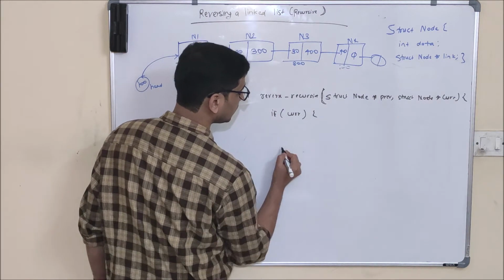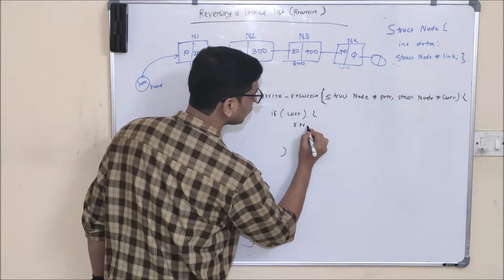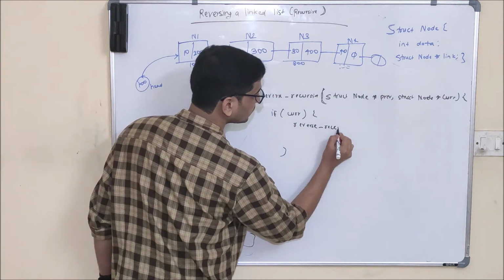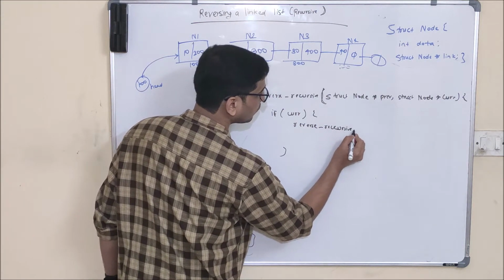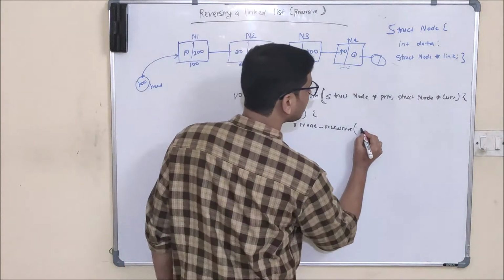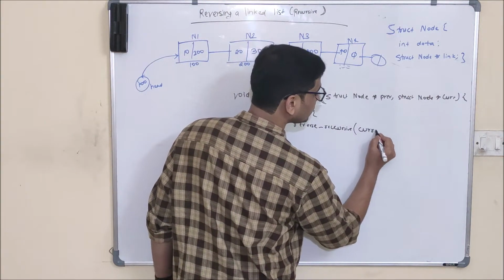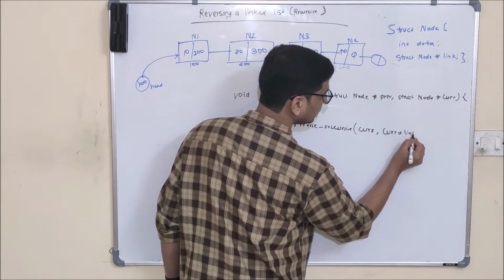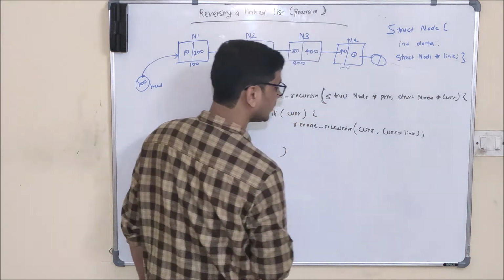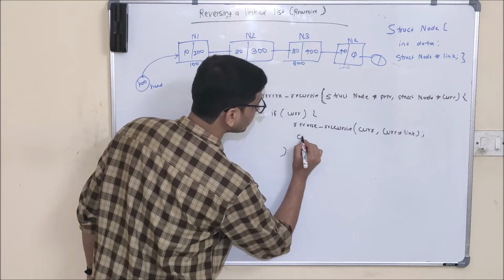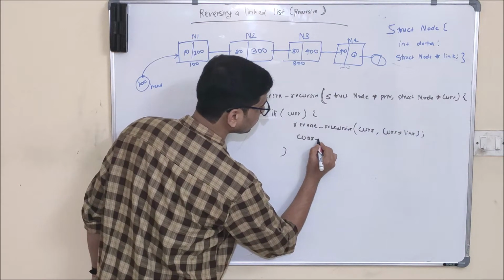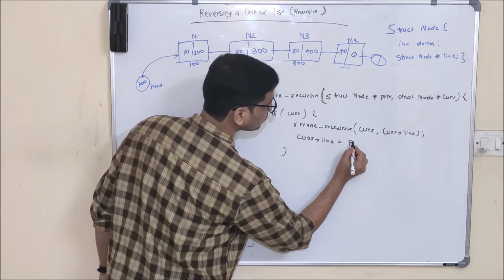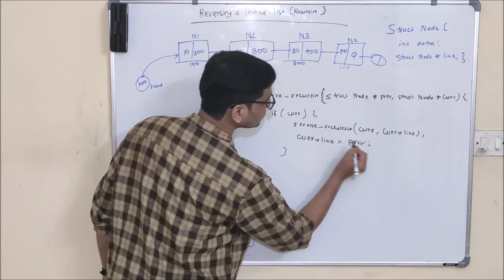If current, then it will make a recursive call to reverse recursive. Okay, and what will it do? It will update previous and current dot link, and in the next line it will make current dot link point to previous.